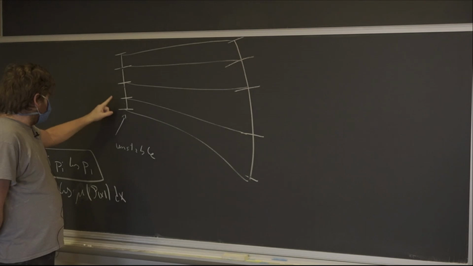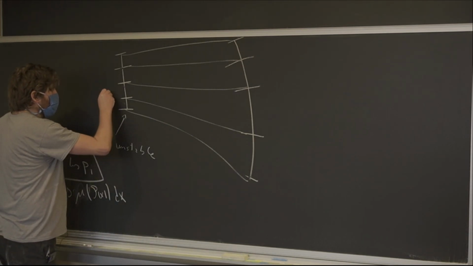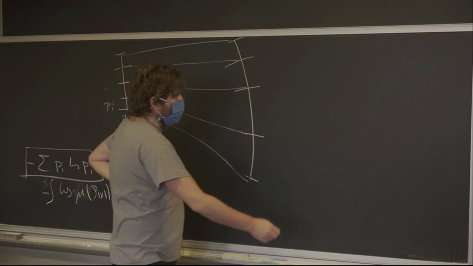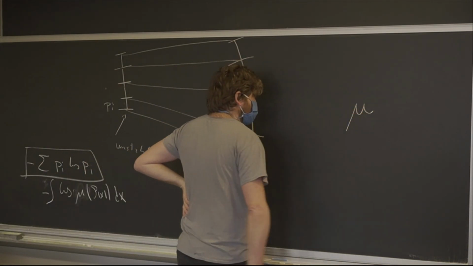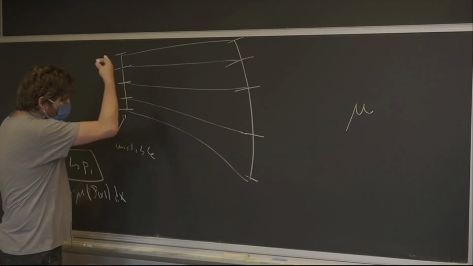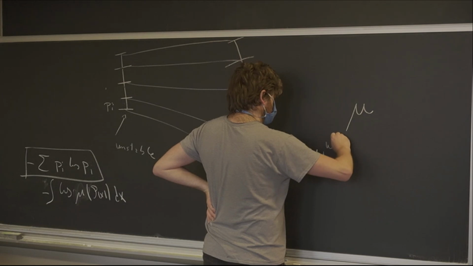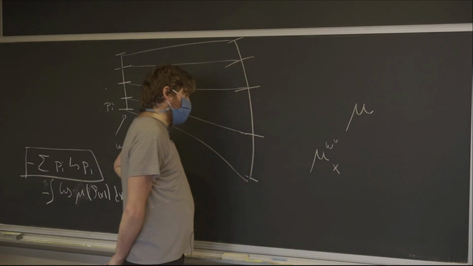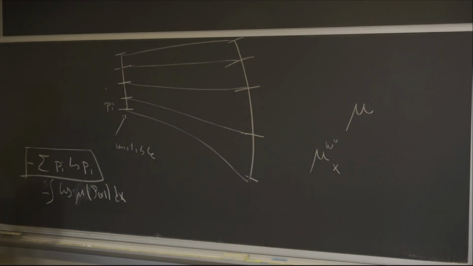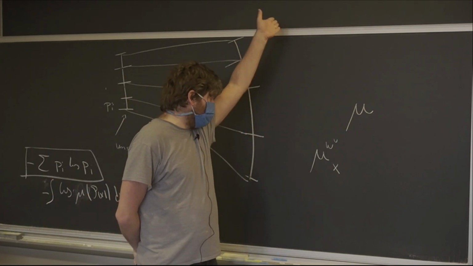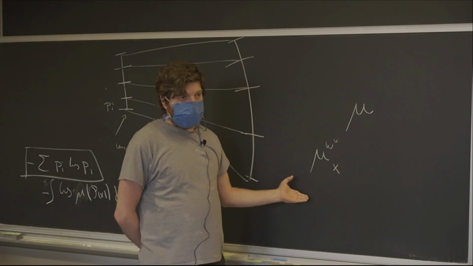Now, what are these probabilities p_i that I'm talking about here? Well, you have your background measure mu. You condition along these unstables over a point x, and that's what it is. So if I consider the full unstable, then this, as always, is a Radon measure, so it's not a probability measure.